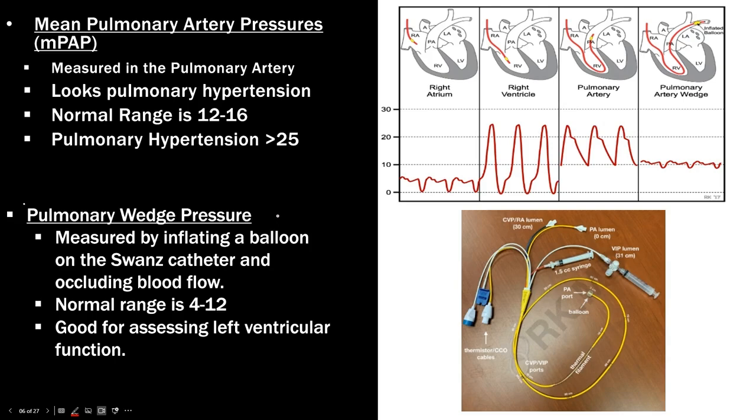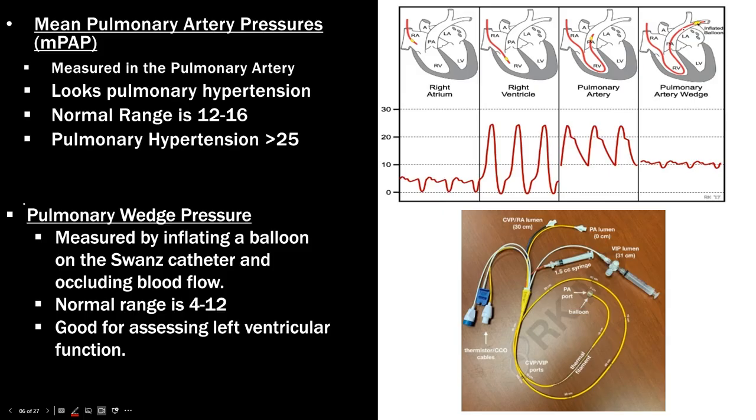Pulmonary wedge pressure is what you do when you inflate this little bulb down here on the bottom. If you'll notice, there's this little 1.5 cc syringe that comes attached, and it is actually filled with helium. When it is inflated, it completely occludes this pulmonary artery.